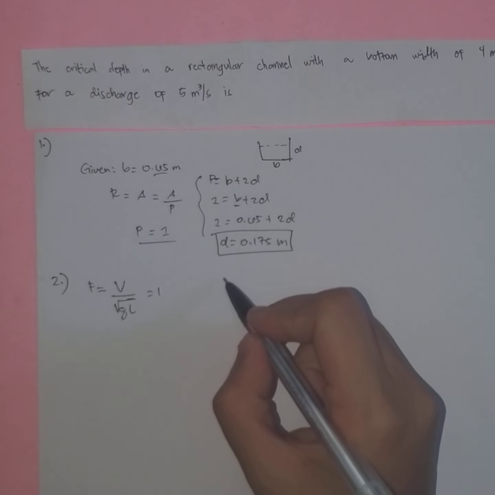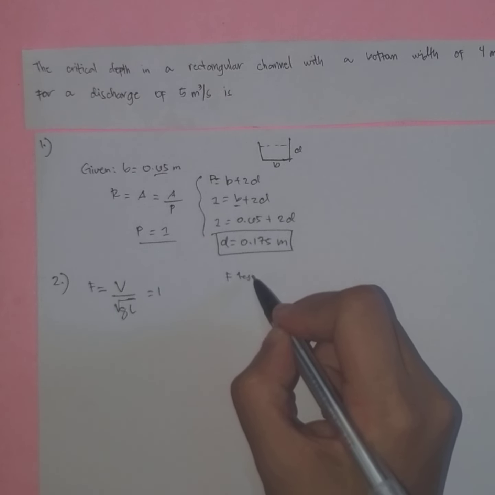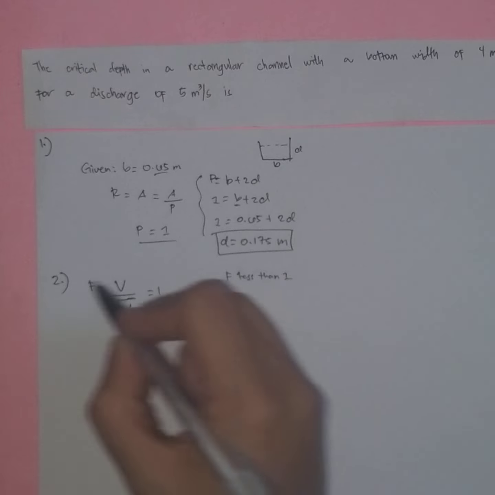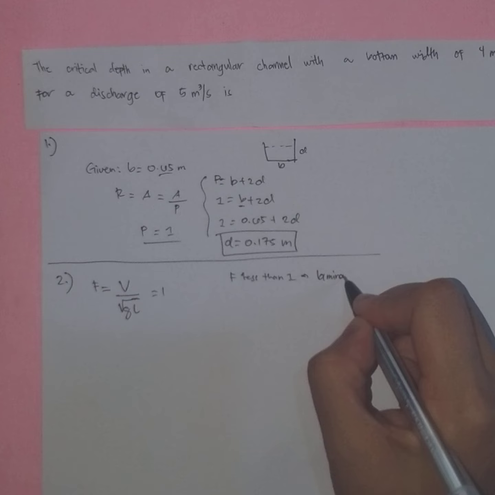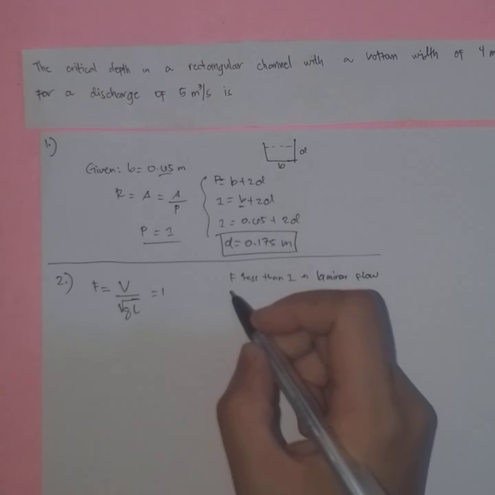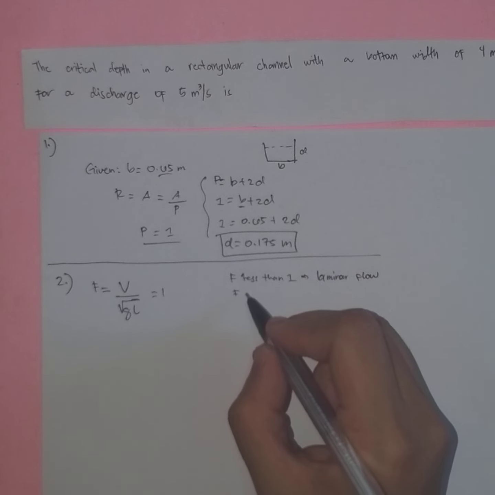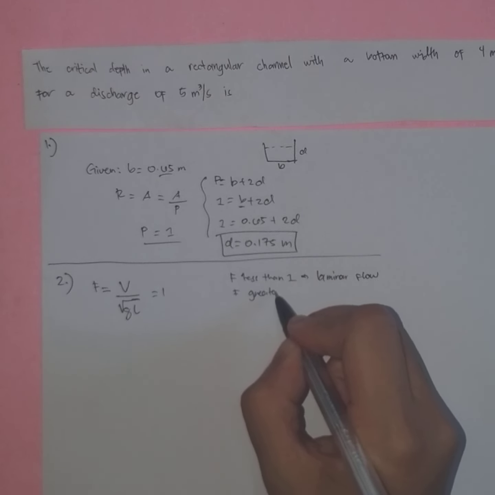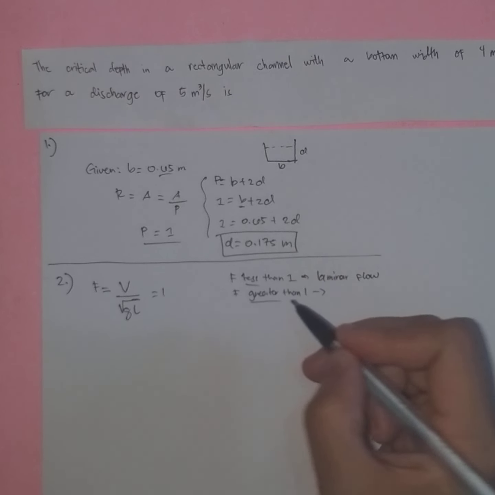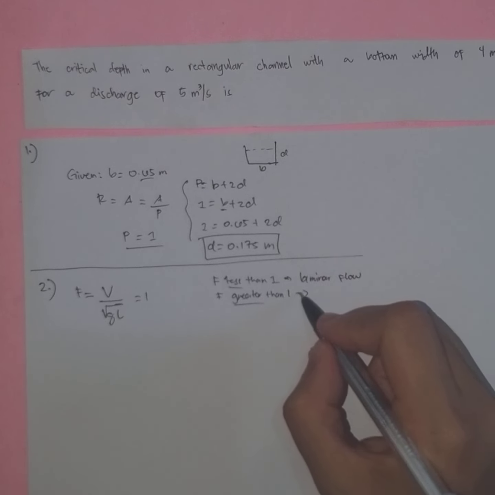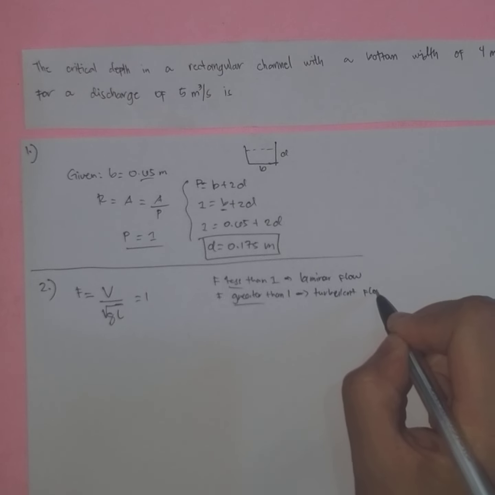Because if we have F less than 1, we have laminar flow, whereas if our Froude number is greater than 1, we have turbulent flow.